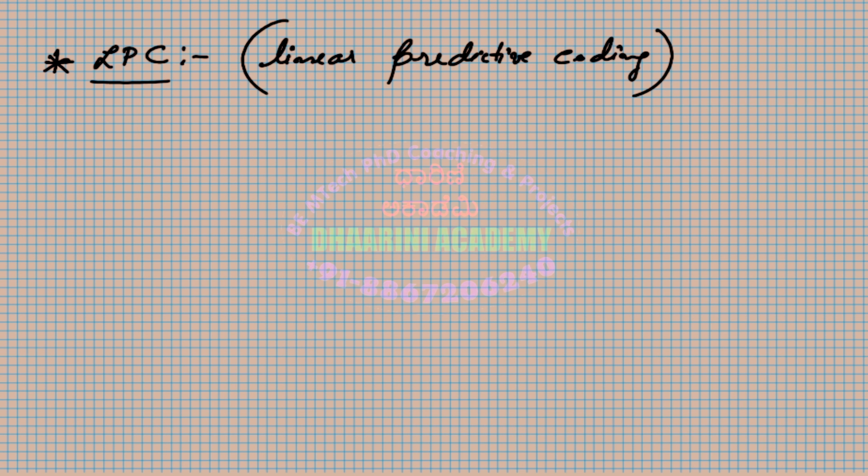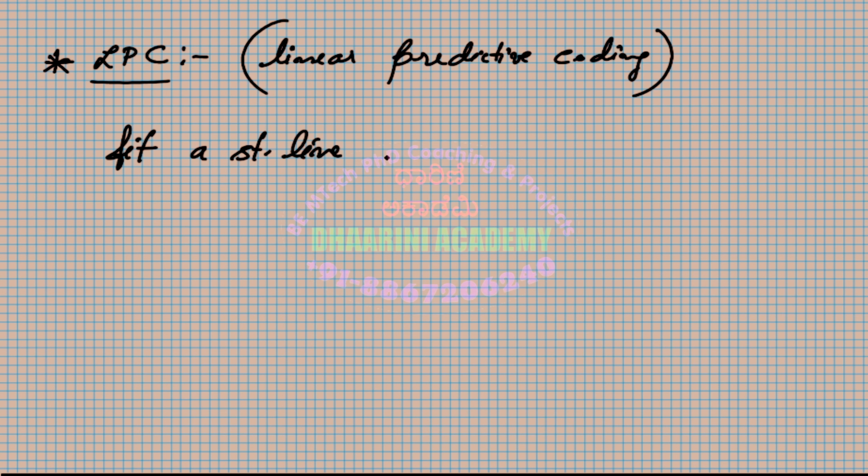Linearity in the sense we try to fit a straight line for our data set. Whatever data we have, we are trying to fit a linear, a straight line. It's a general term, not specific to LPC. Whenever I see the word linearity or linear, my intention is to fit a straight line to the data.